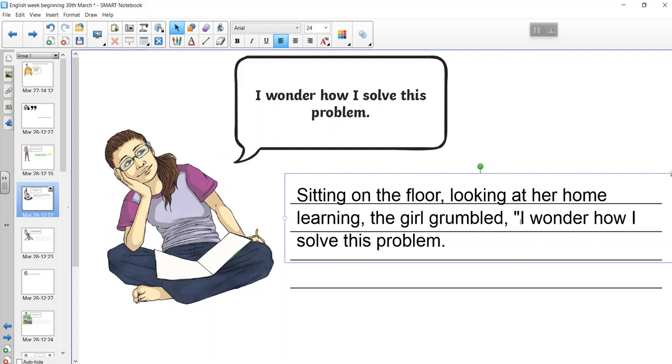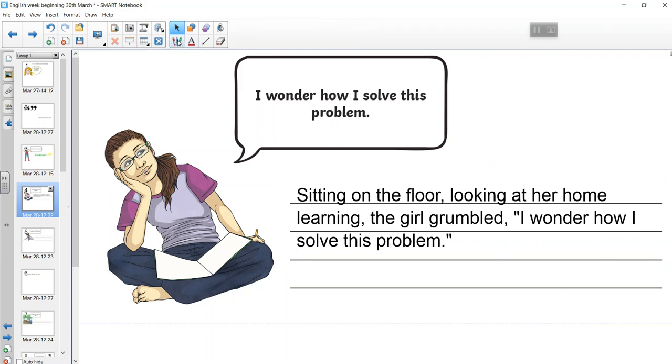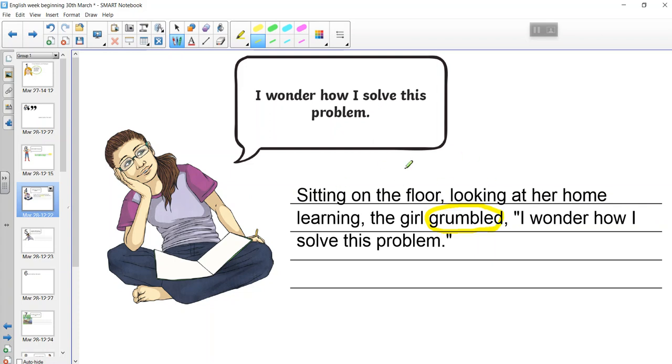So I'm going to put a full stop there and close my inverted commas. So let's look at that again. Here we have the verb, which is the synonym for said. And that part of the sentence goes at the beginning of the sentence. Sitting on the floor, looking at her home learning, the girl grumbled, "I wonder how I solve this problem."